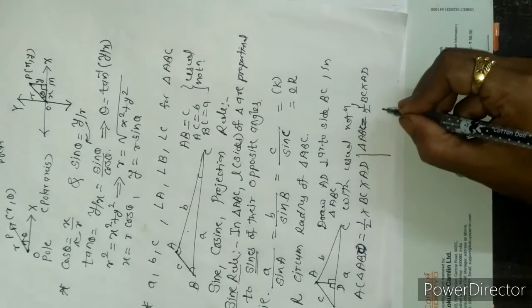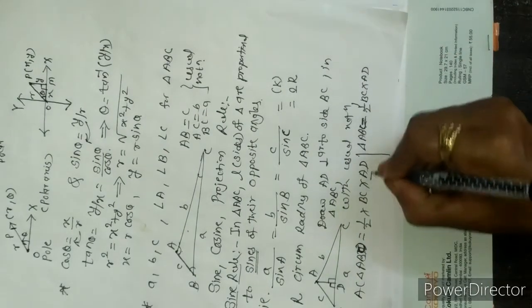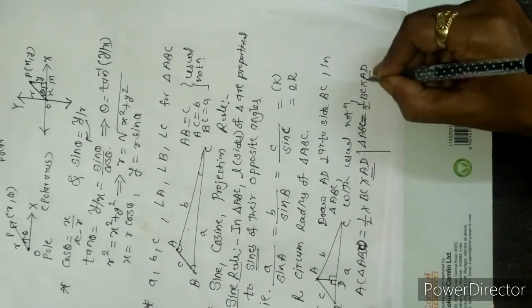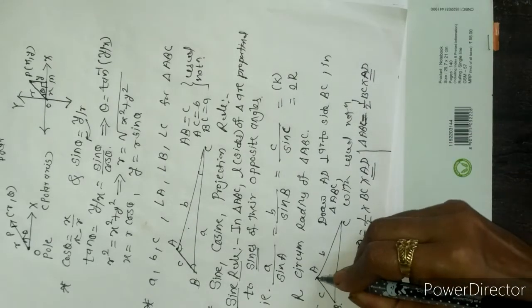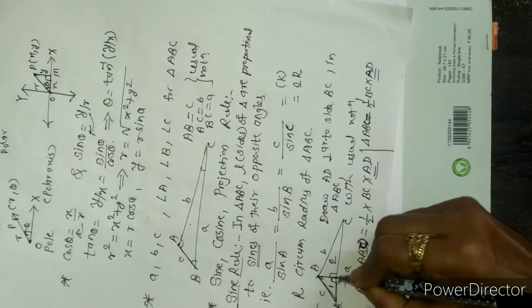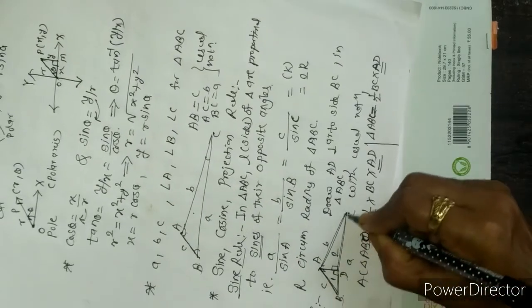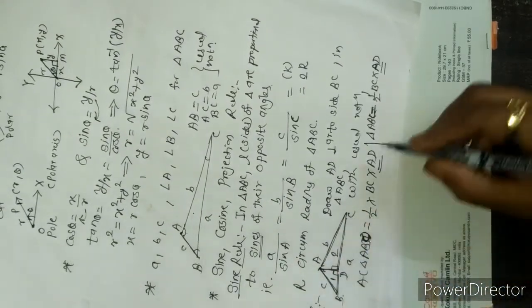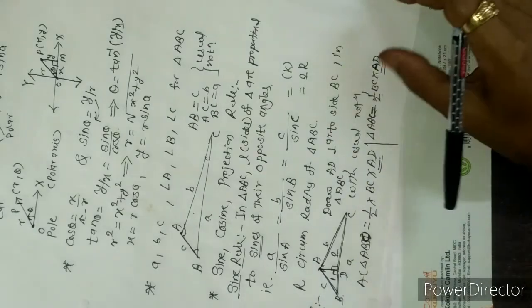The result is the same, but the measurement of AD comes from the right angle triangles, first right angle triangle ABD and second right angle triangle ADC. For this, the length of AD is different.